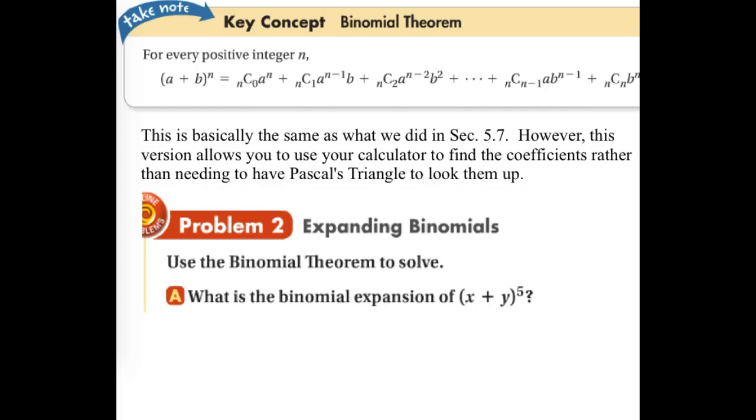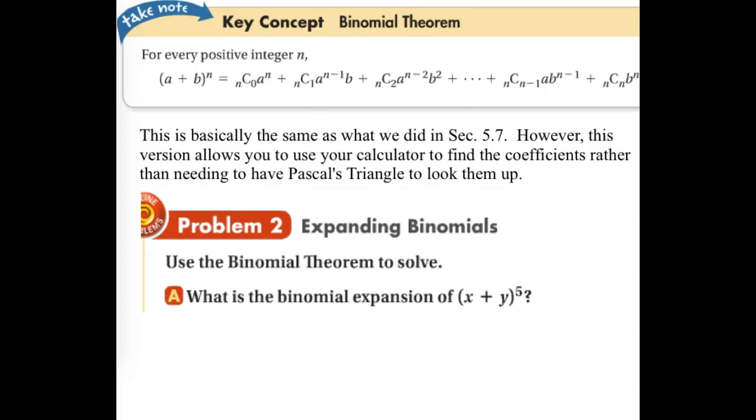So I'm going to have you alter this a little bit so that it fits with what we're talking about. Instead of NC0, we're going to say NCN for that first one.